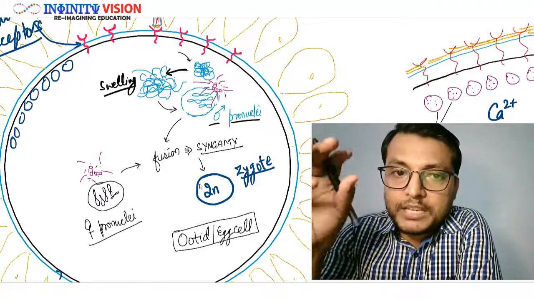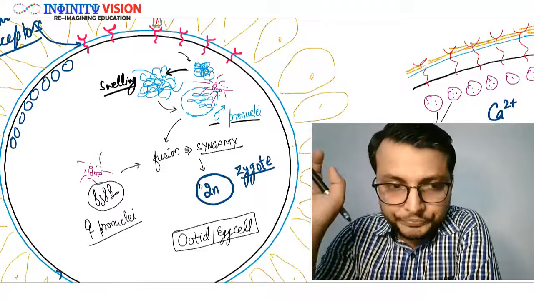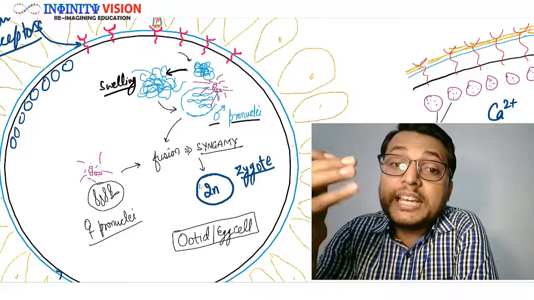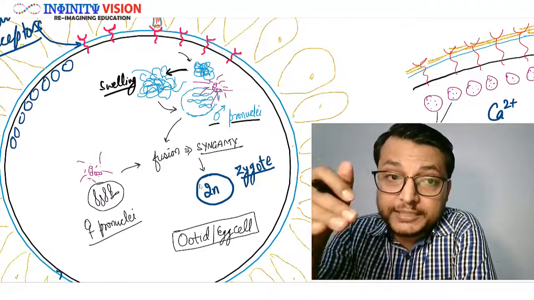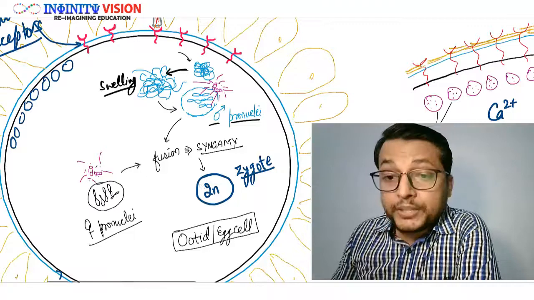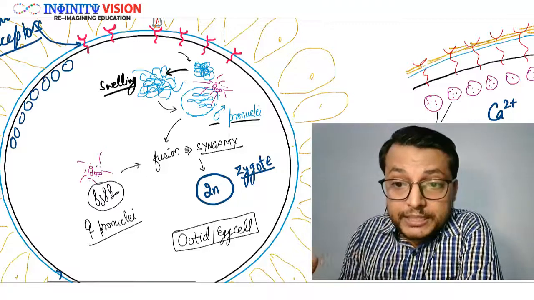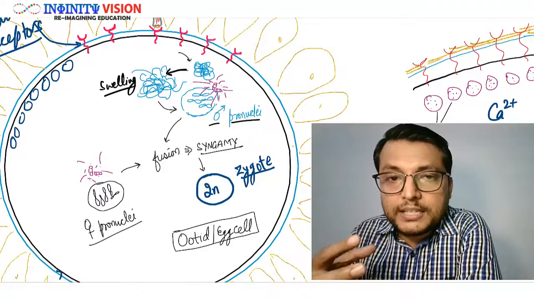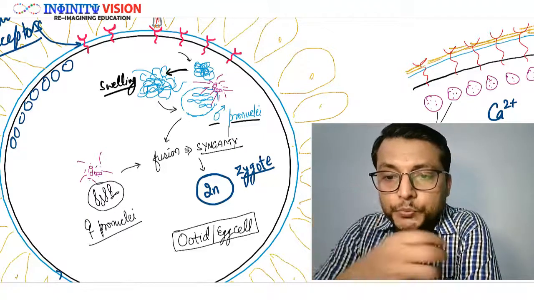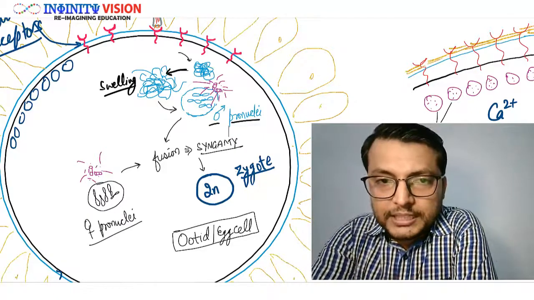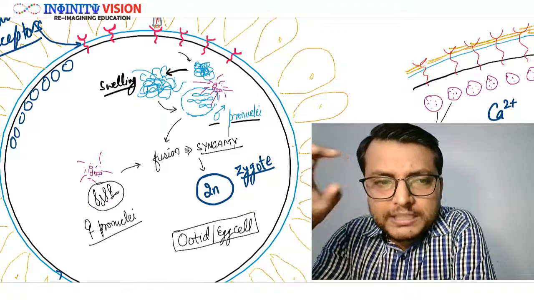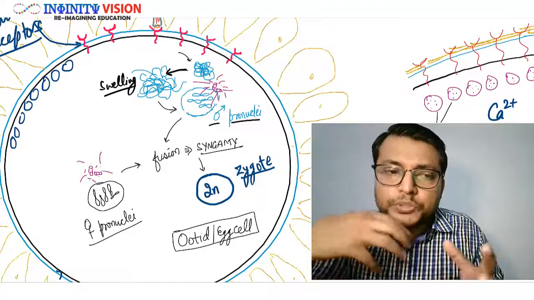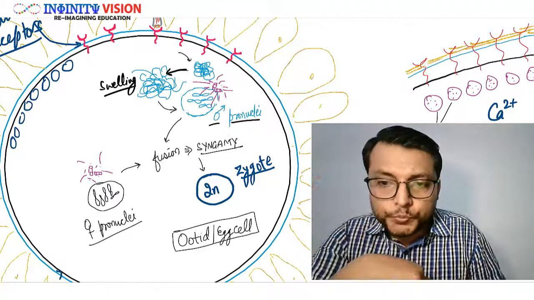Now what happens simultaneously in the secondary oocyte? Remember, we have already studied that the secondary oocyte was arrested in its prophase 2. It has almost completed its prophase 2 and has to initiate metaphase 2.